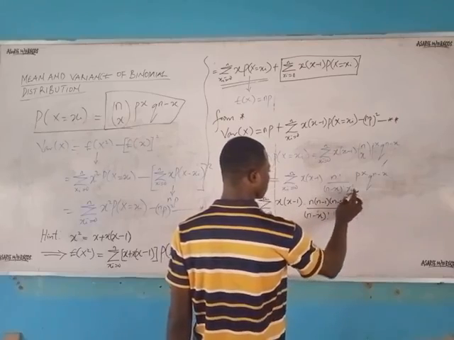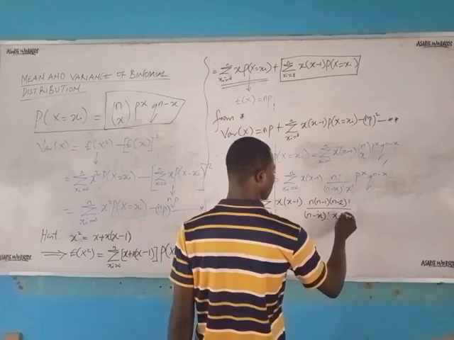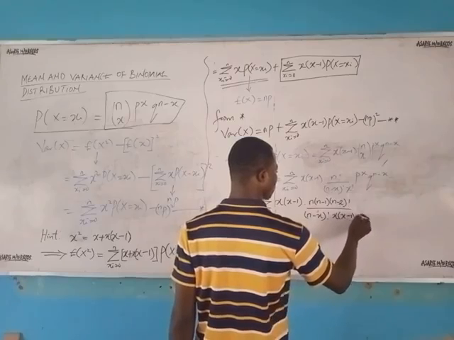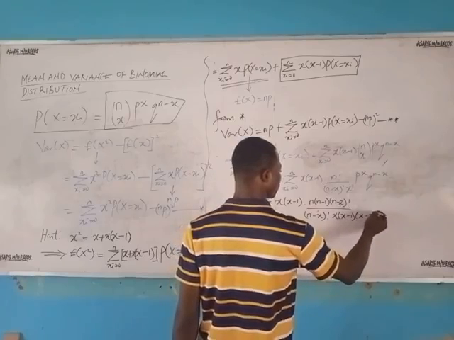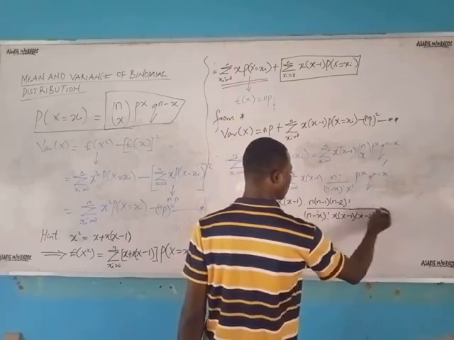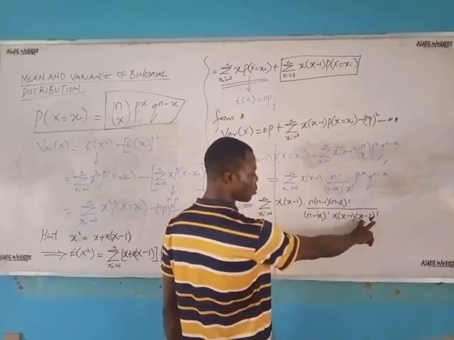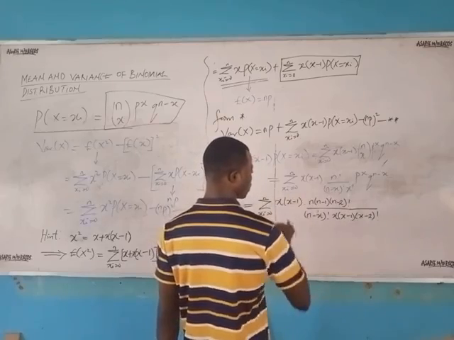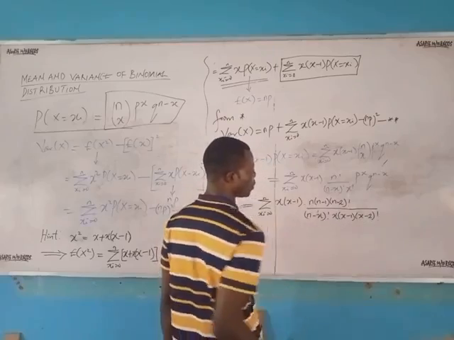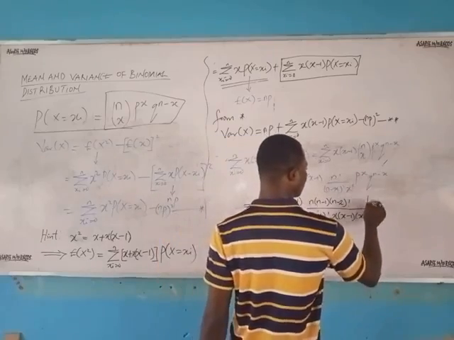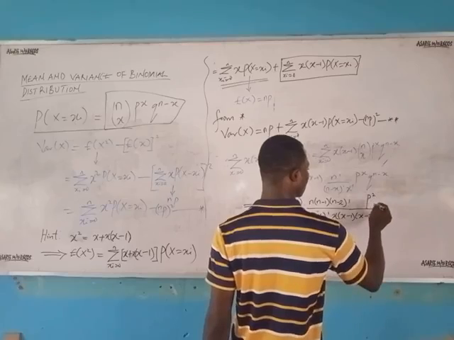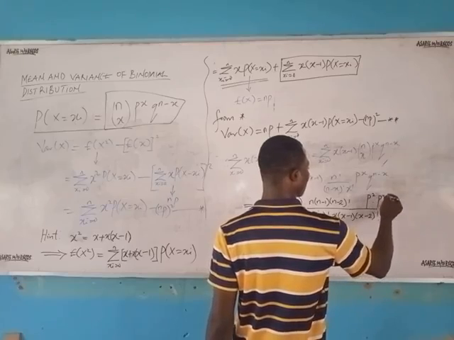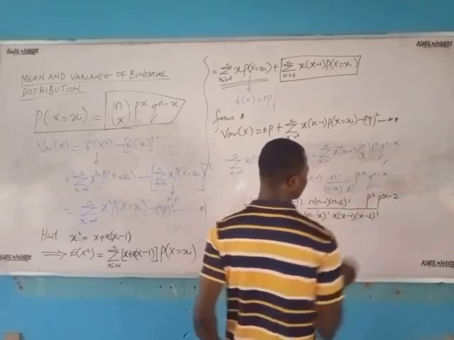We express x factorial as x into x minus 1 into x minus 2 factorial. We let it go to 2 because we need to cancel this completely so that we will be left with this. Then this also will be p squared times p raised to the power of x minus 2.